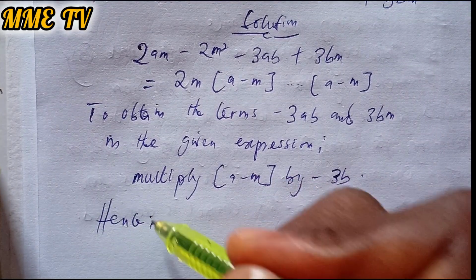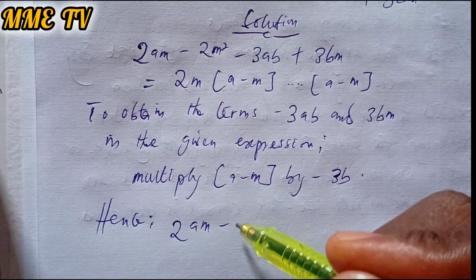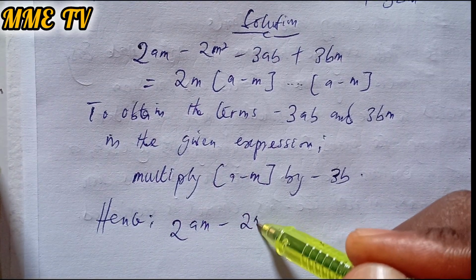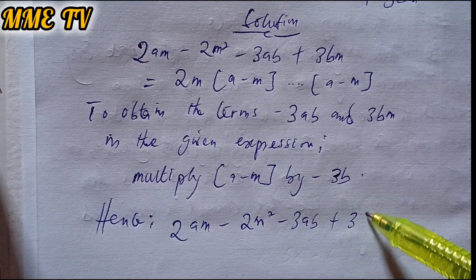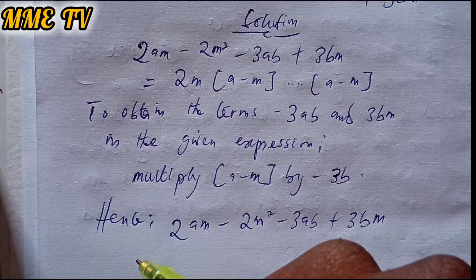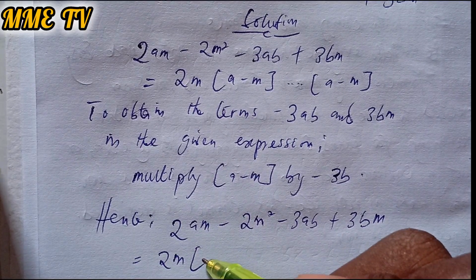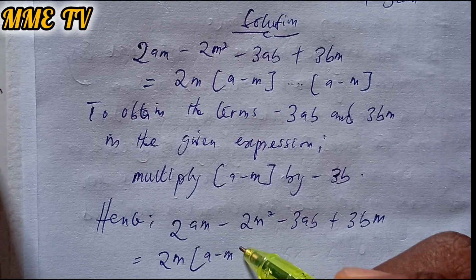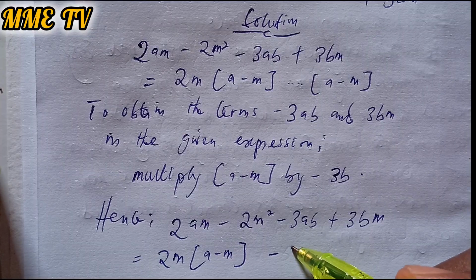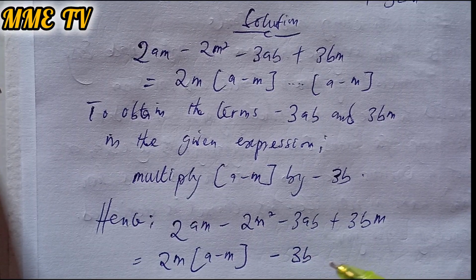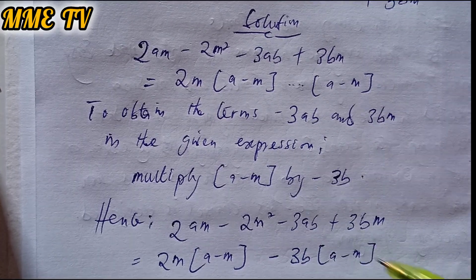Therefore, or someone can say hence, 2am minus 2m squared minus 3ab plus 3bm will be equal to 2m bracket a minus m, minus 3b, which will still give us a minus m.